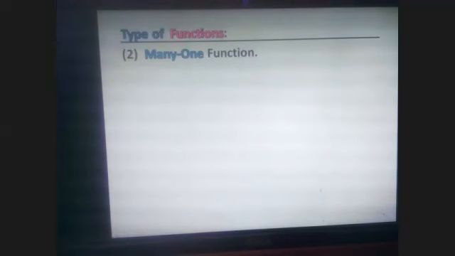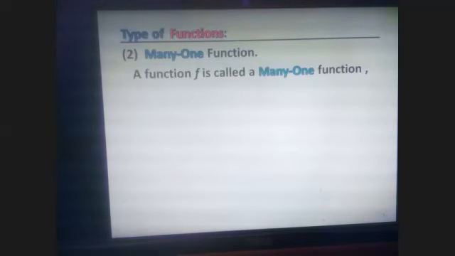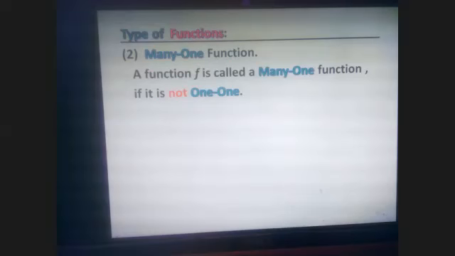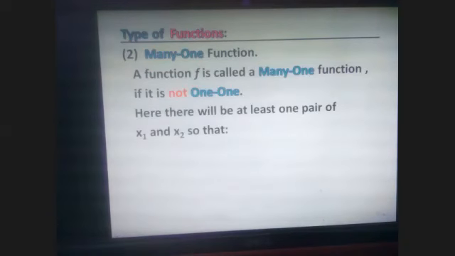Many-to-one function. A function f from A to B is called many-to-one if it is not 1-to-1. When is it 1-to-1? Distinct elements will have distinct images. That means if it is not 1-to-1, there will be at least one pair, x1 and x2, so that x1 and x2 are distinct but their images are the same.